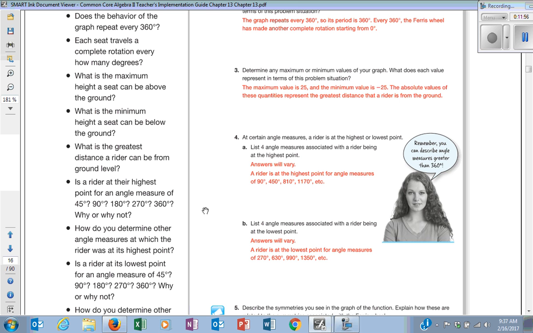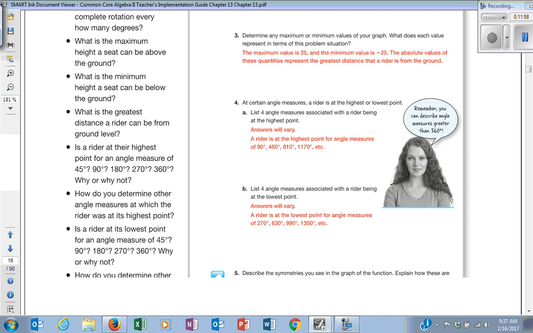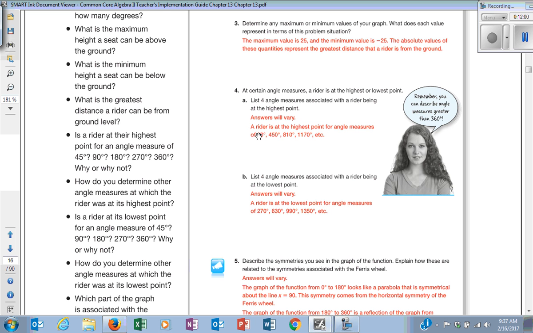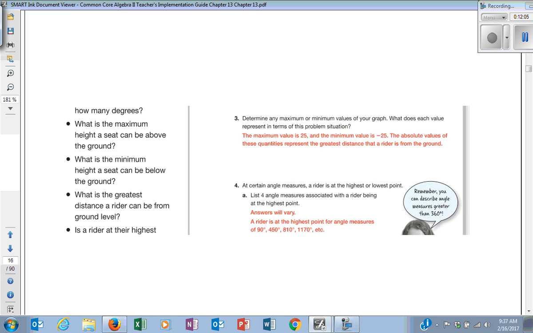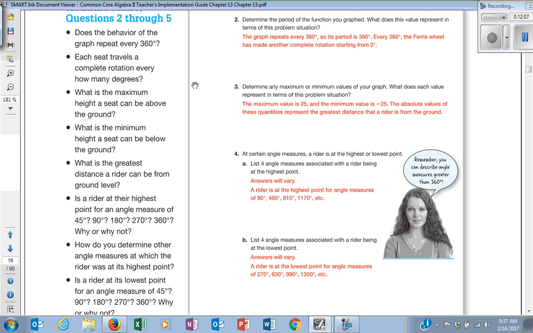List 4. So this is 90 degrees, 450, 810, 1170. At 90 degrees, I'm at my highest.